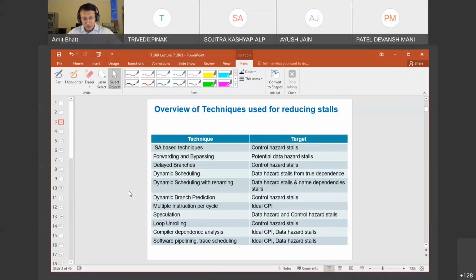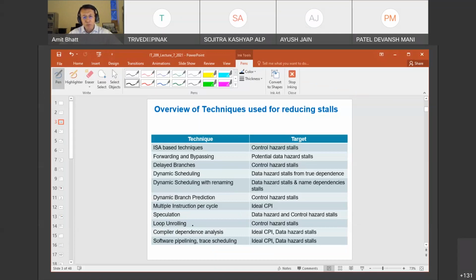Speculation, any branch prediction or branch prediction over several branches, and then taking instructions from different branch loops. All those things fall under speculation. Loop unrolling is something which we saw, and you are also going to do it as part of your lab.